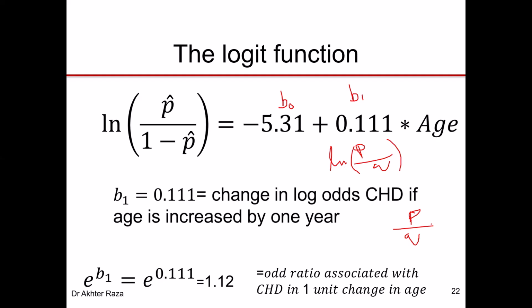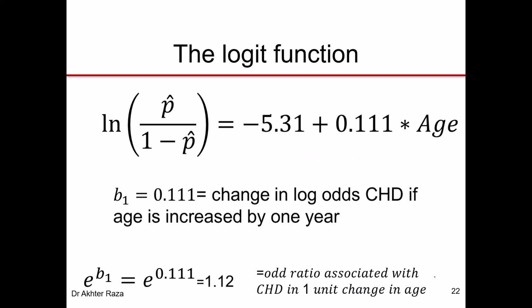P upon Q is the odd ratio and ln P upon Q is the ln of the odd ratio. And the ln of the odd ratio is equal to this number, 0.11. So if I take the e, which is the anti-logarithm of the ln odd ratio, then I have the value of P upon Q, which is this one, 1.12. The odd ratio associated with the CHD in 1 unit change in age. If I change the age by 1 unit, then the odd ratio will be changed by 1.12.